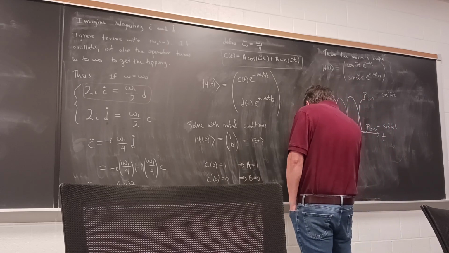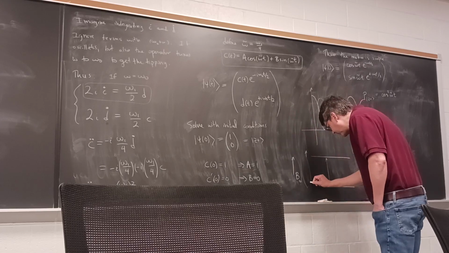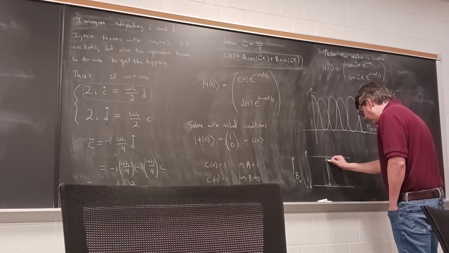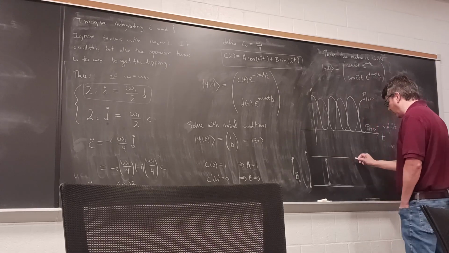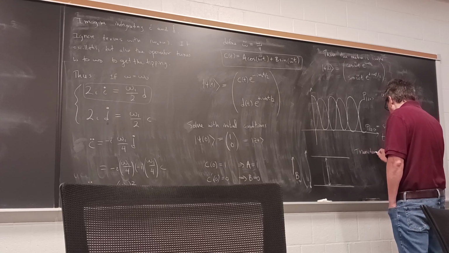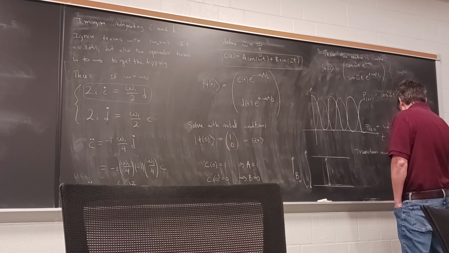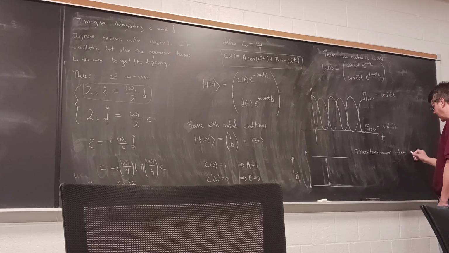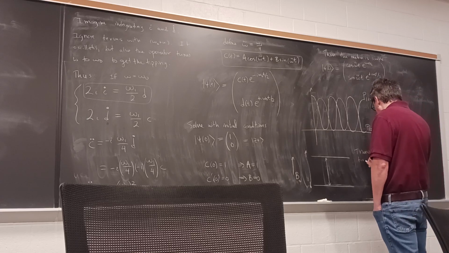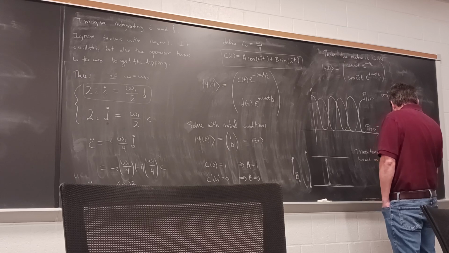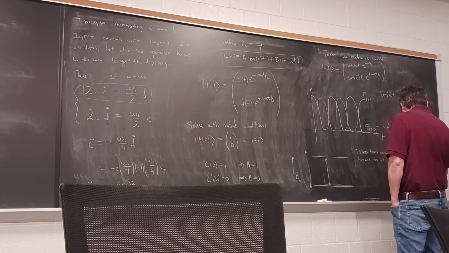So we have this big external field, and this is spin down, and transitions occur when B1 is turned on at the frequency omega equals omega 0.